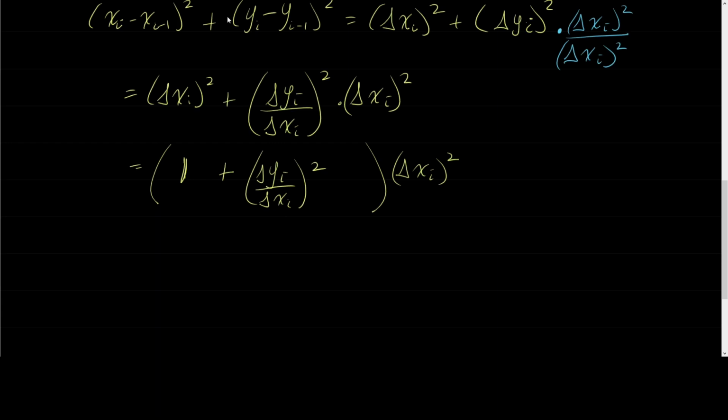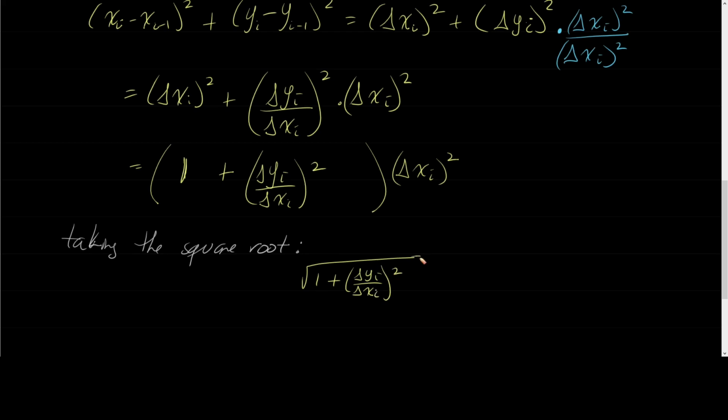So what we have now is taking the square root, we get the square root of 1 plus delta y sub i over delta x sub i quantity squared times delta x sub i, on the outside of this, because all I did was apply the square root to this piece as well.